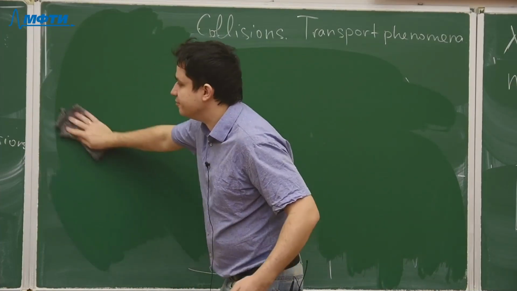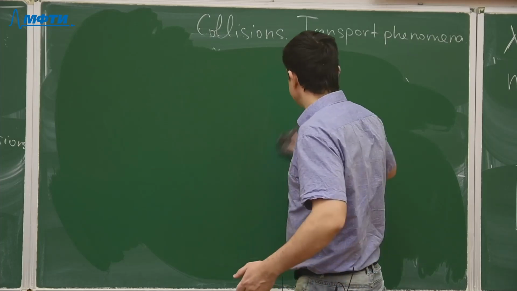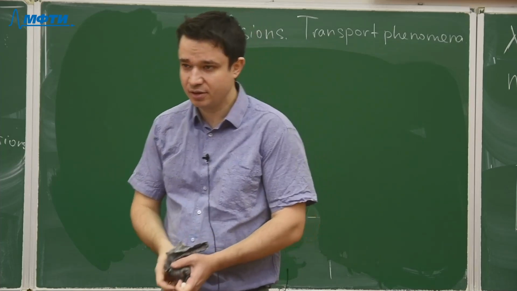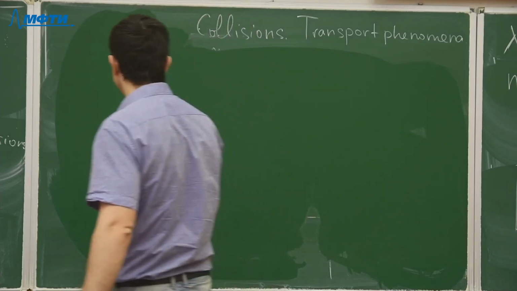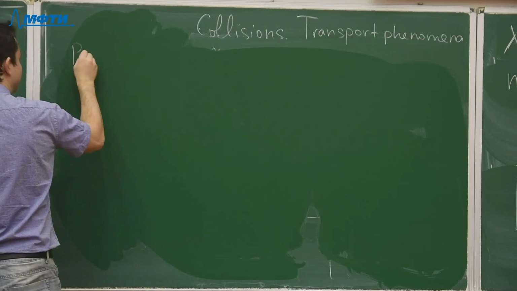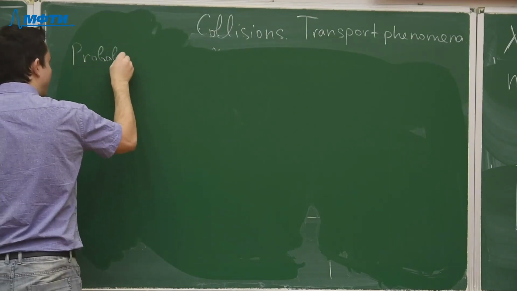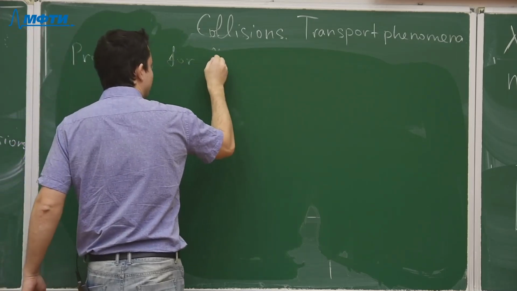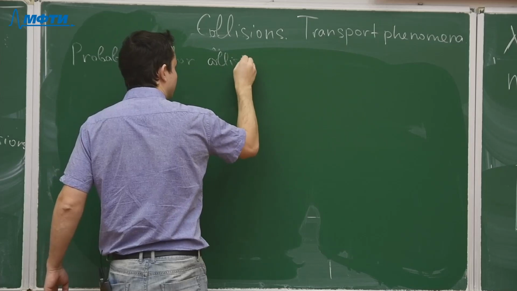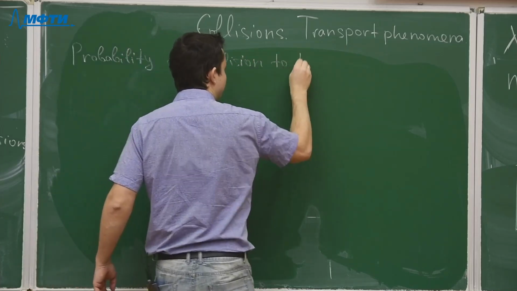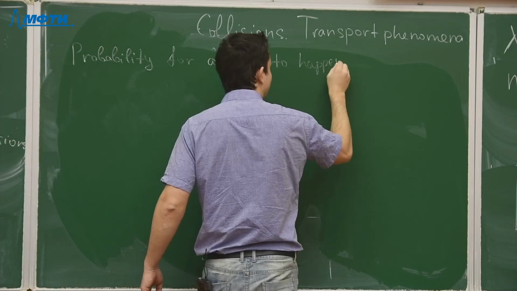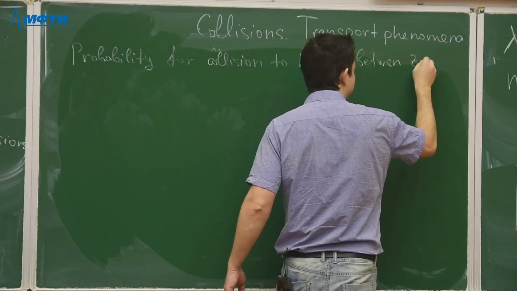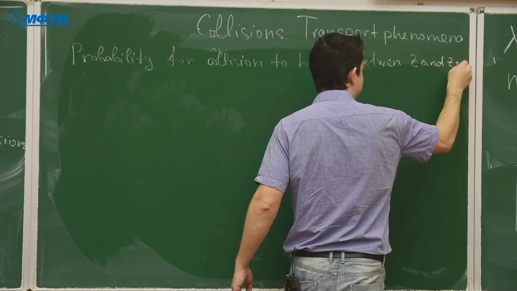So previously we have determined the probability to travel some distance without having any collisions. But what we now need to do is to determine the probability for a collision to happen between z and z plus dz.